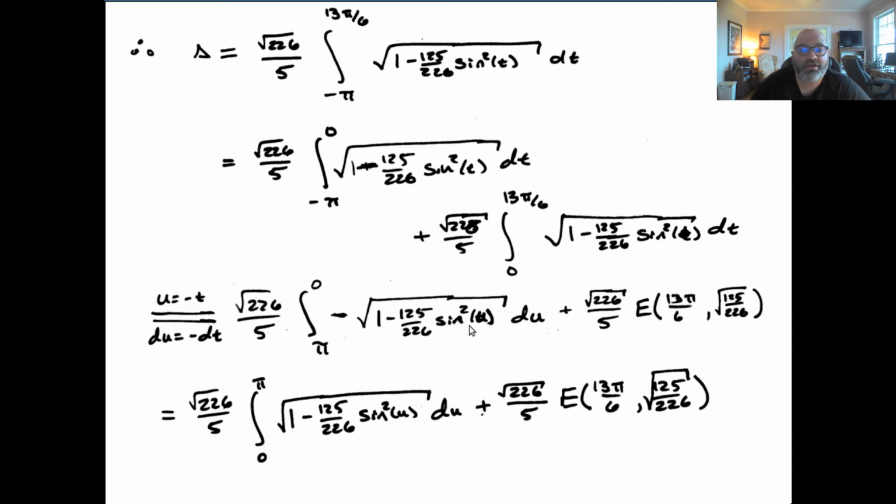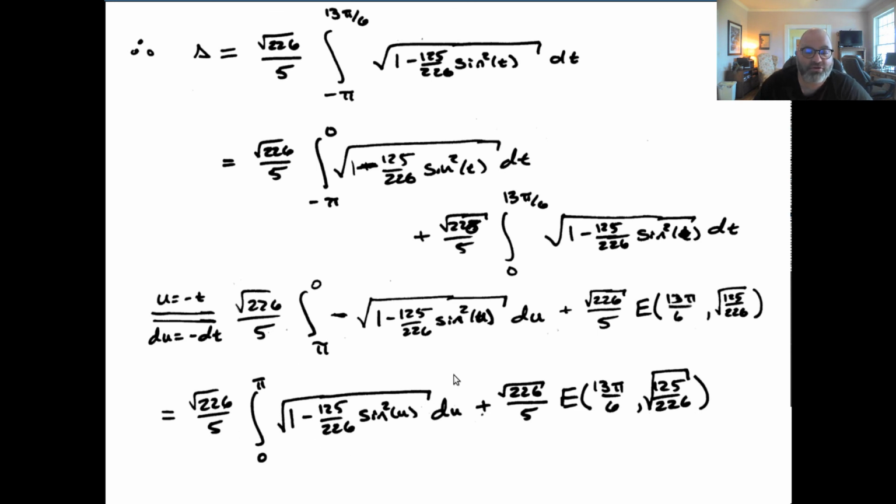We've got a negative sine squared u on the inside, but the square kills off that negative. Then we've got the negative on the outside from our du, and if we switch the order of integration, going from 0 up to pi, it takes care of that negative. We get the square root of 226 over 5 times the integral from 0 up to pi of the square root of 1 minus 125 over 226 sine squared.